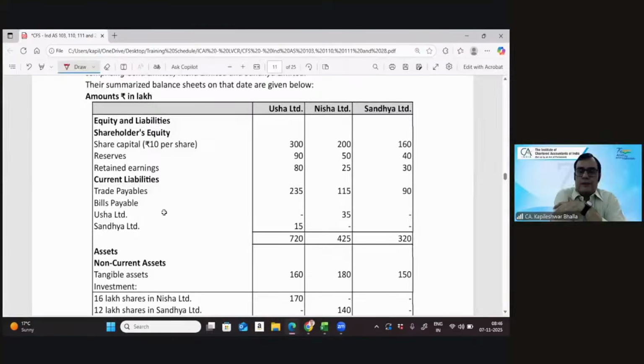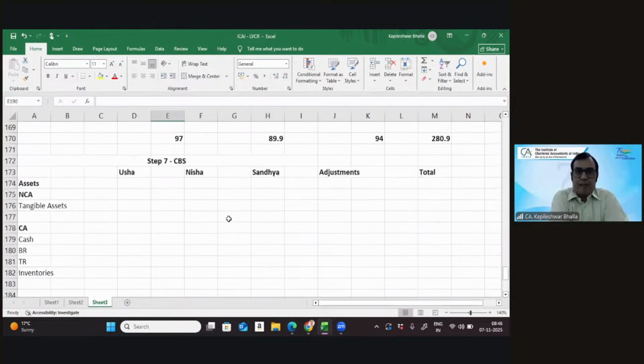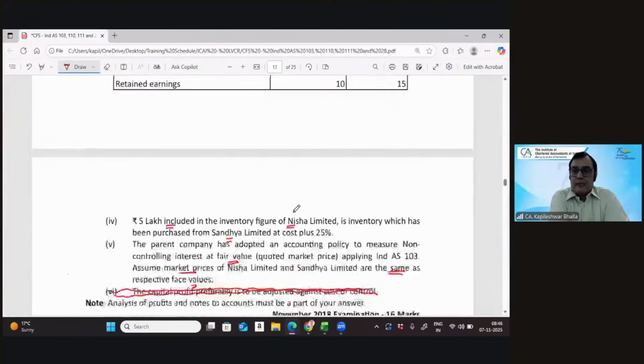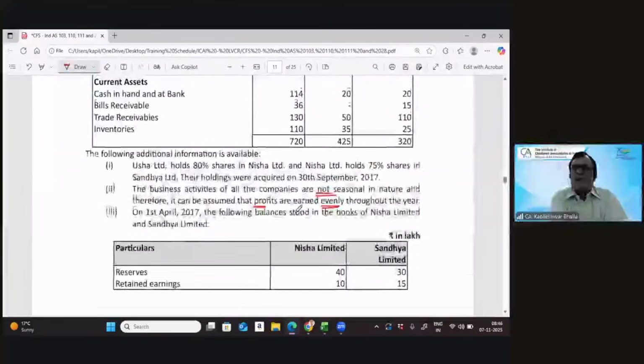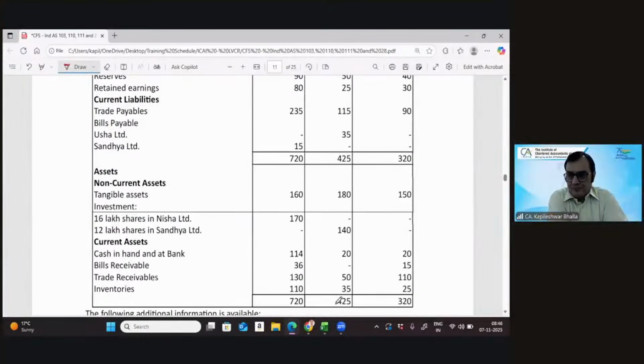Right, so I think this is done. Now let's pick up the information and start. The only thing I see in the additional information is the stock reserve. There's nothing else, or there is intercompany owings in a balance sheet. Let's begin.